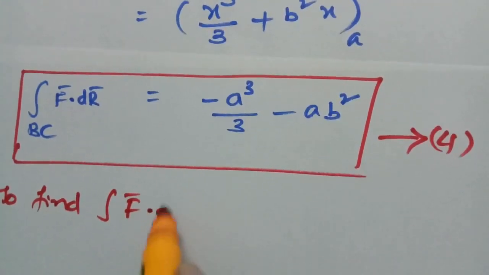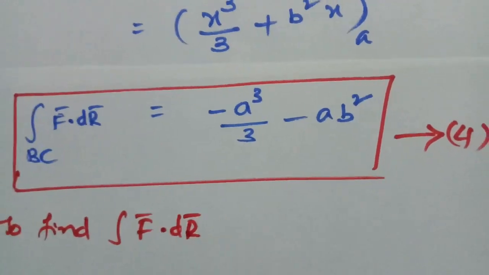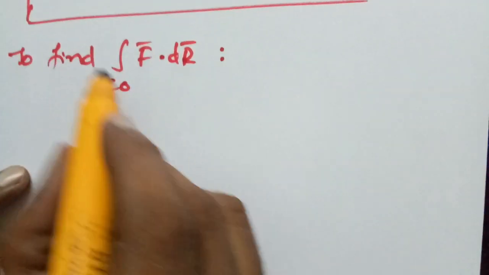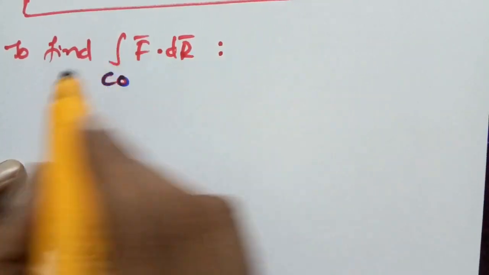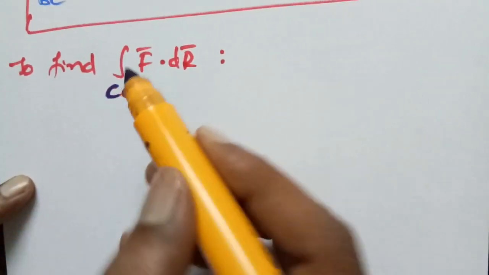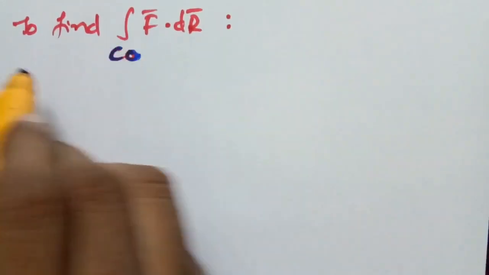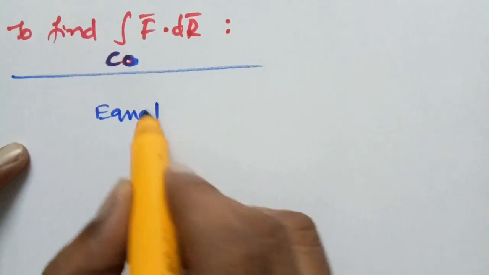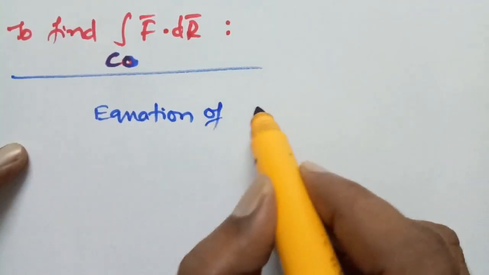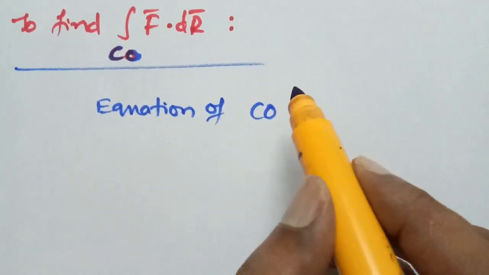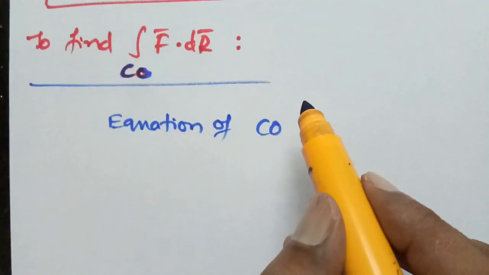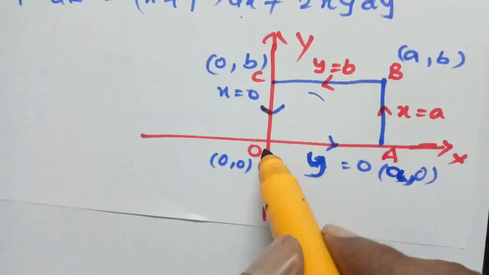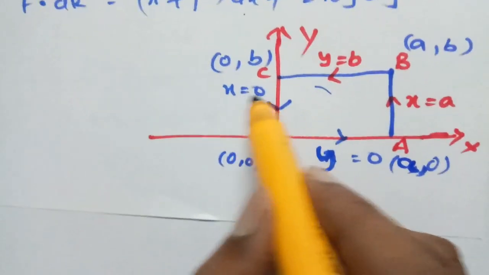Now to find the integration of f bar dot dr bar along CO. Equation of CO: x is equal to 0.